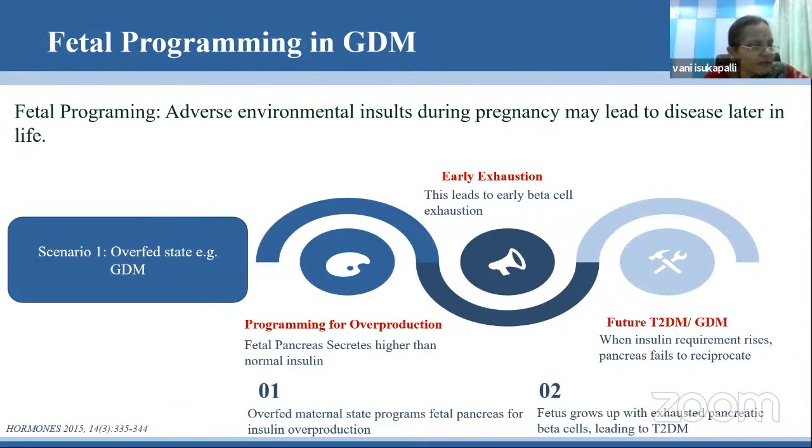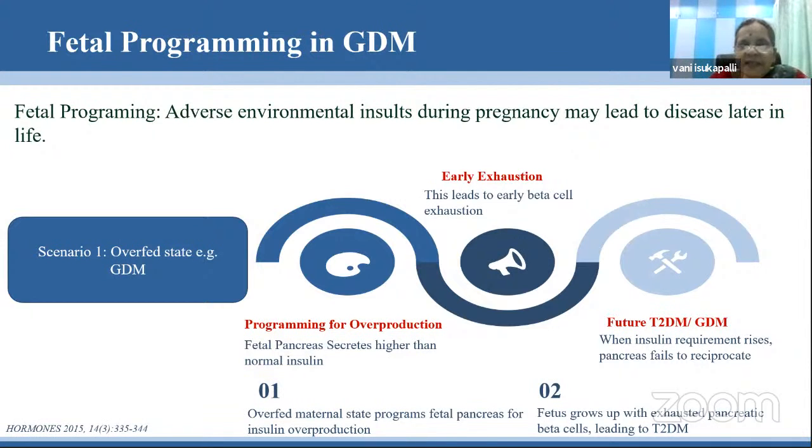If we look at the first scenario, that is an overfed state. What is this overfed state? The mother is having gestational diabetes, so therefore hyperglycemia. So here the fetus will be programmed for overproduction of insulin.